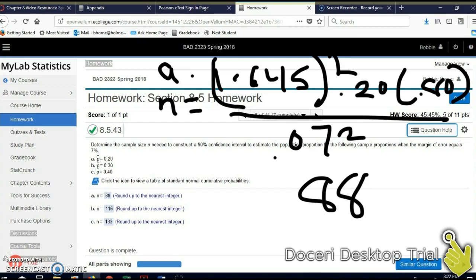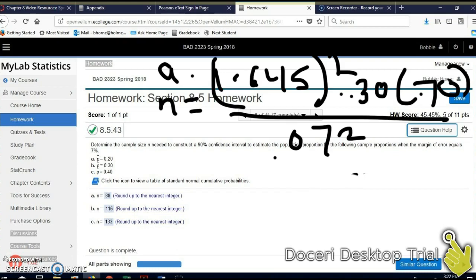Okay, for the next one, your proportion would change. For problem B, you would change these numbers here. So instead of 0.20, we have 0.30, and then 1 minus 0.30 would be 0.70. If you put that in your calculator, it will round up to, let's see, 116.